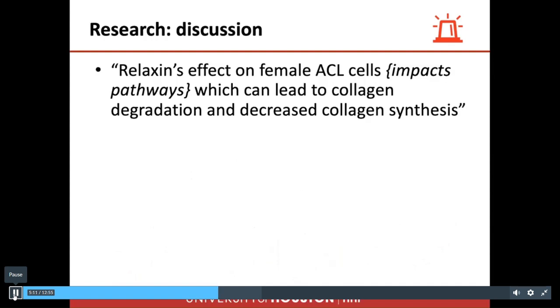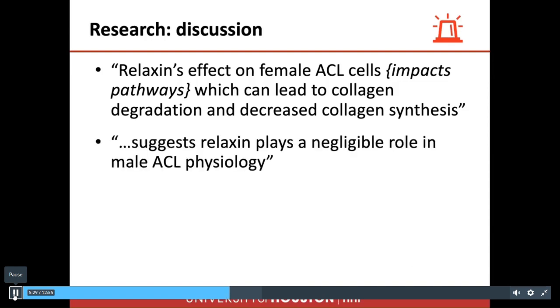So what the authors concluded was that relaxin's effects on female ACL cells impacts pathways. There were a lot more science words they used, but just know that what that meant was it impacts pathways which can lead to collagen degradation and decreased collagen synthesis. Further, this suggests that relaxin plays a negligible role in male ACL physiology.